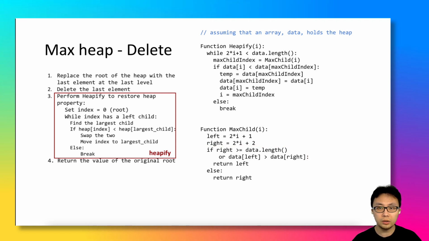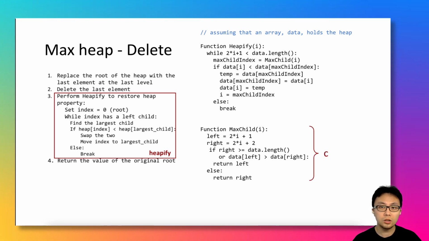For the if statement, the condition has 2 parts. The first part is when the right child doesn't exist. The second part is the left child is bigger than the right child. In both of those cases, it will return the index of the left child. Otherwise, it would return the index of the right child. That's the logic of the maxChild method.